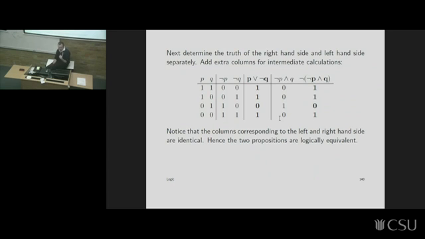And so you should make it clear what particular columns you're comparing, and then write a conclusion down like I've got at the bottom here. You say because the two bolded columns are the same, that implies the left-hand side and the right-hand side have the same truth table. There must be logical statements.